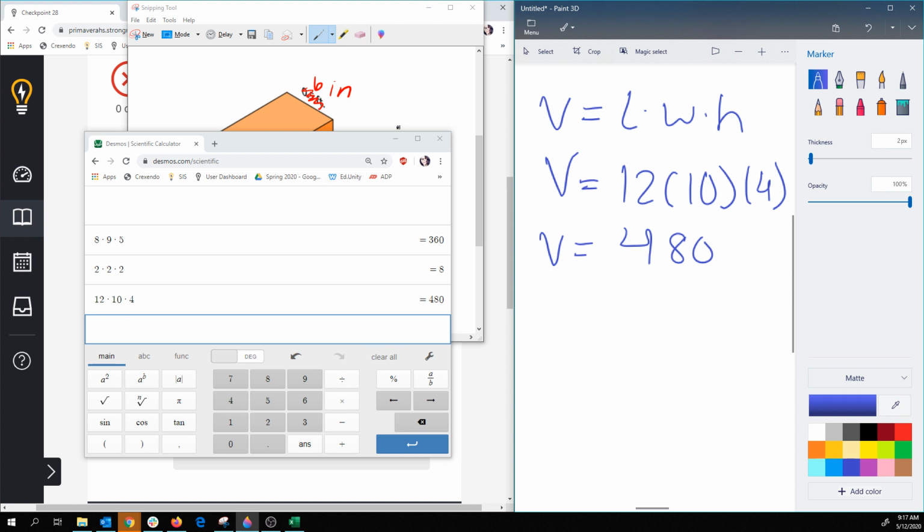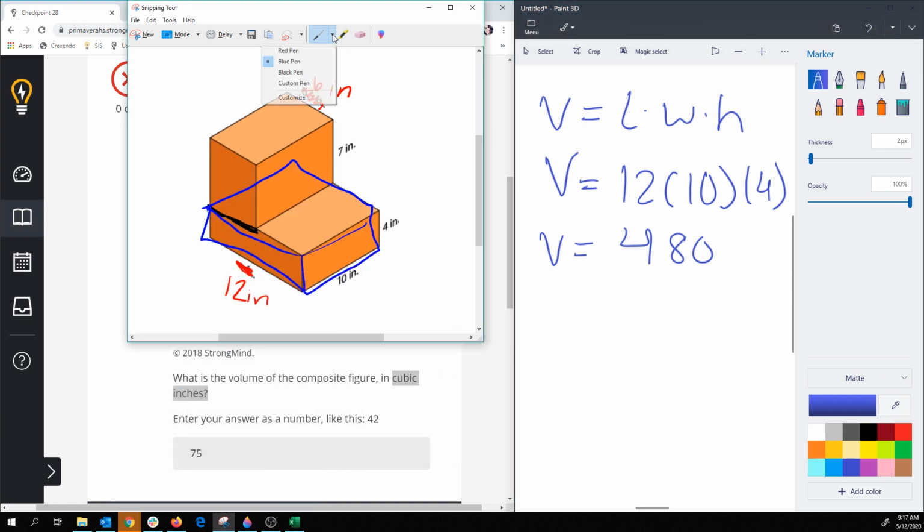Okay, so now let's find the volume of that smaller box on top. Okay, so now I'm going to find the volume of this box up here that I am highlighting. Now this one is a little bit trickier because I know 2 of the sides are 6 and the other one is 7, but I don't know what this bottom length is here.